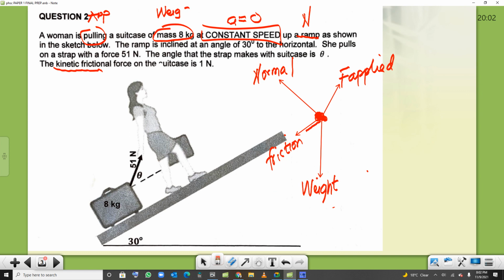Find all the forces that you need. Friction is negative because it's moving in the opposite direction. You do all of that on your free body diagram. That's why I call it a working diagram.